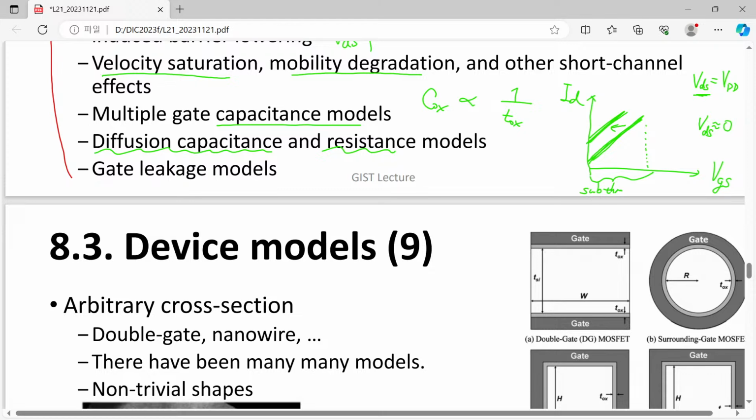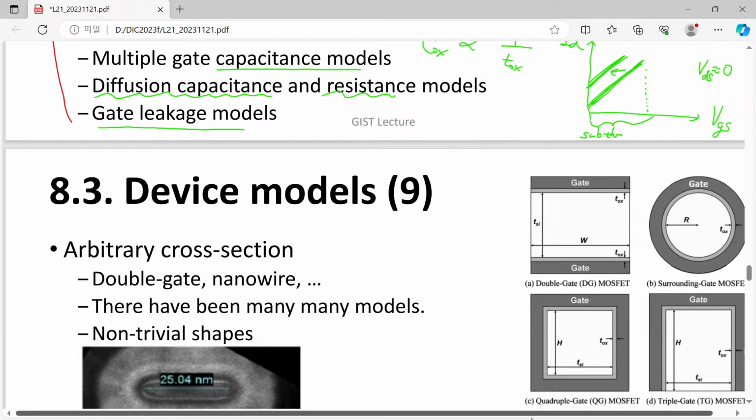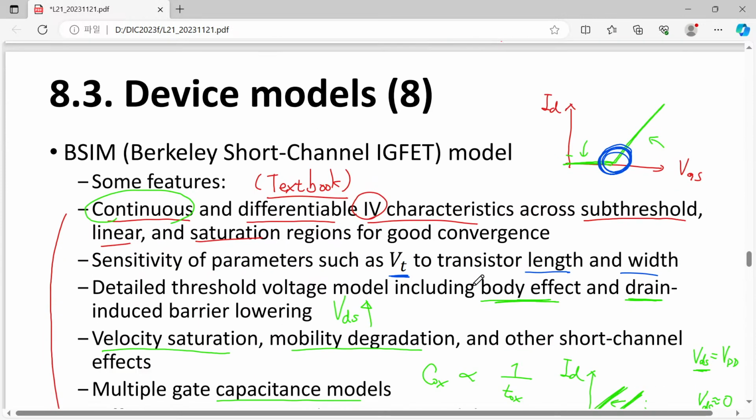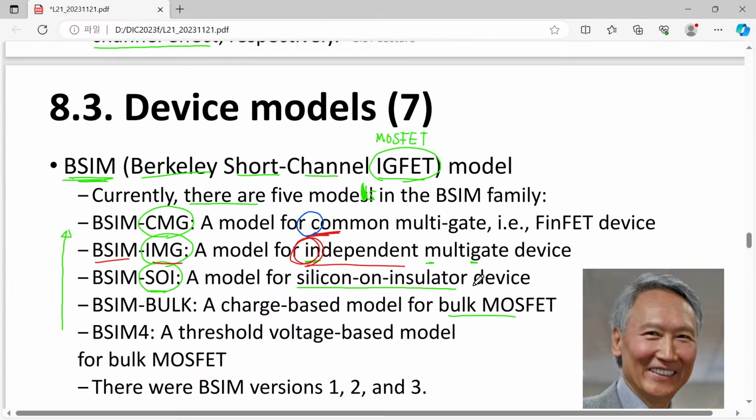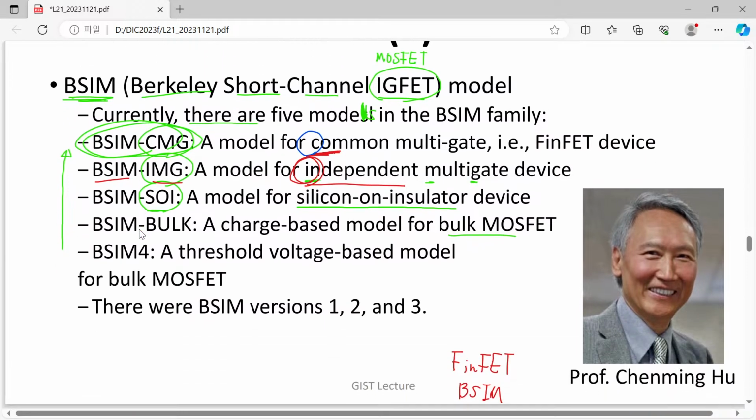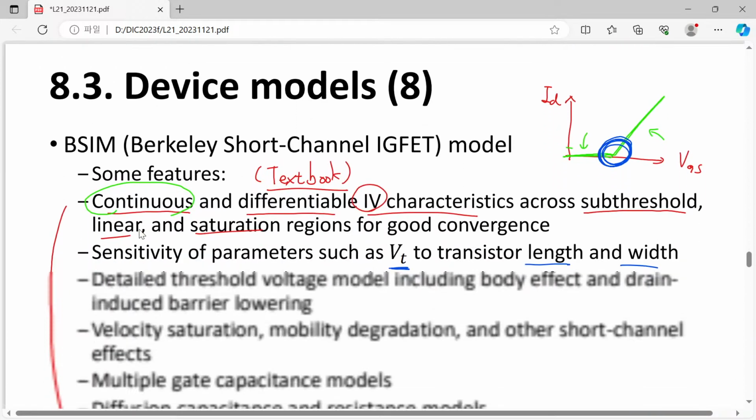Now that is much suppressed, but still we have to consider the gate leakage model, not to underestimate its importance. So simply speaking, what is the current situation of 2023? We are using the BSIM-CMG. That's it.